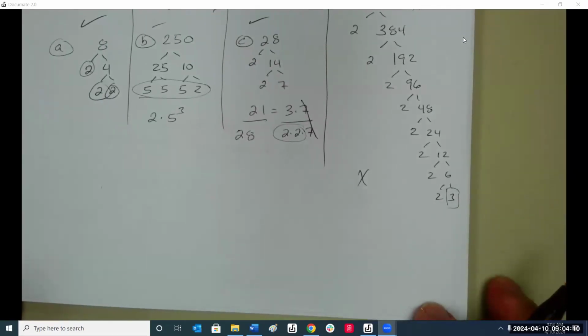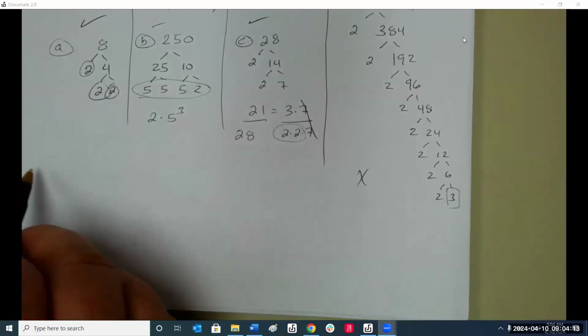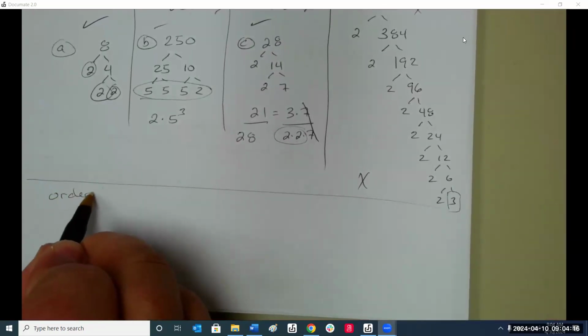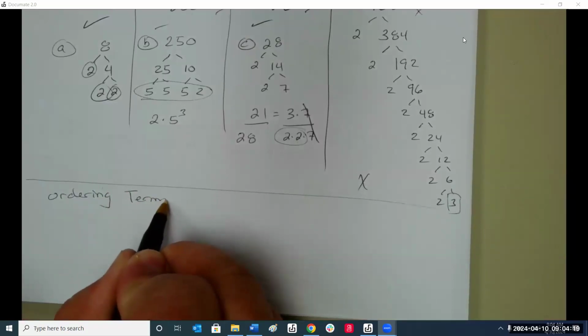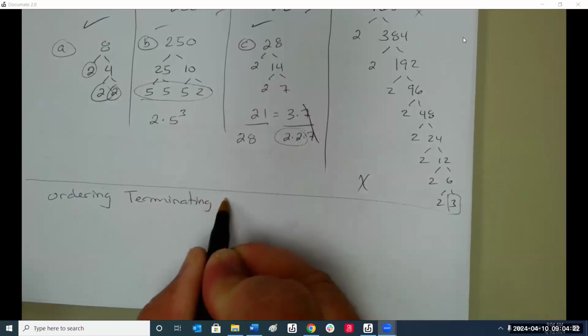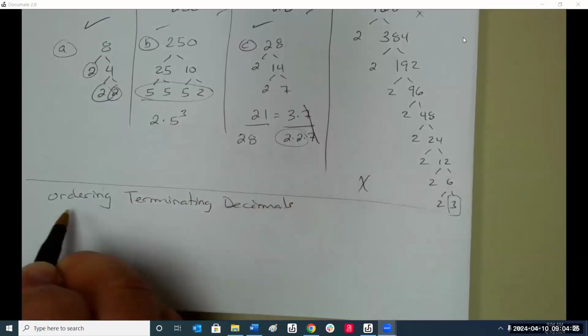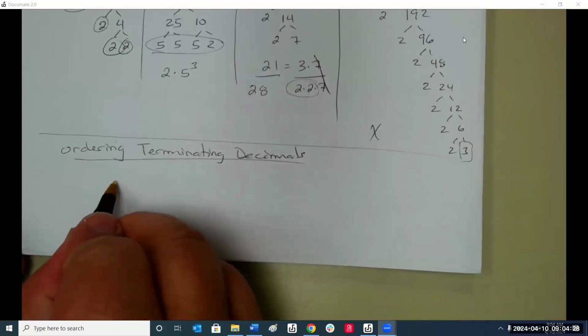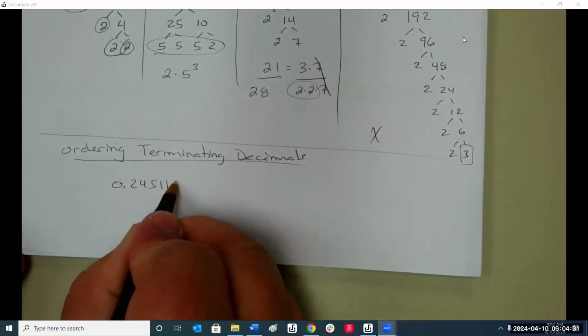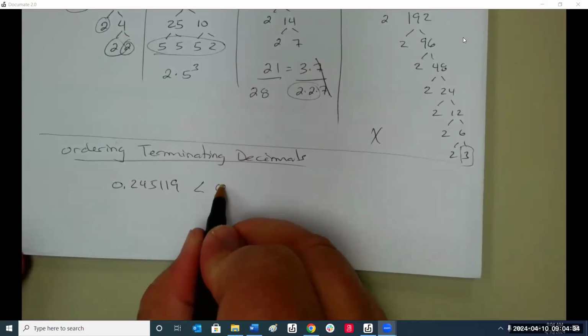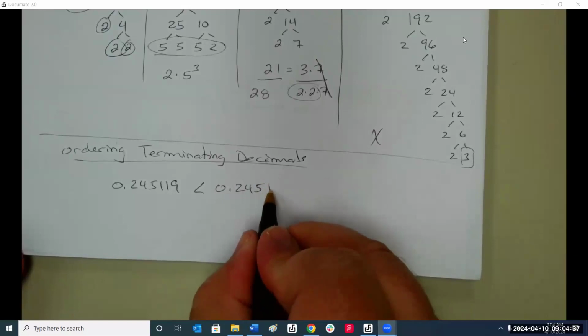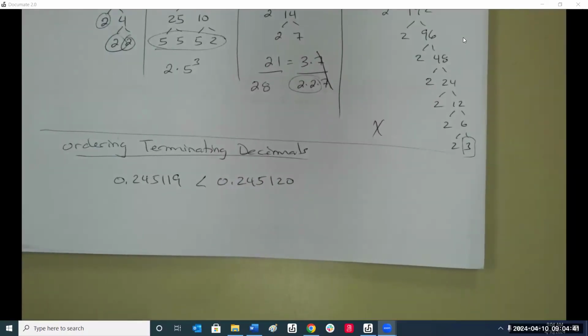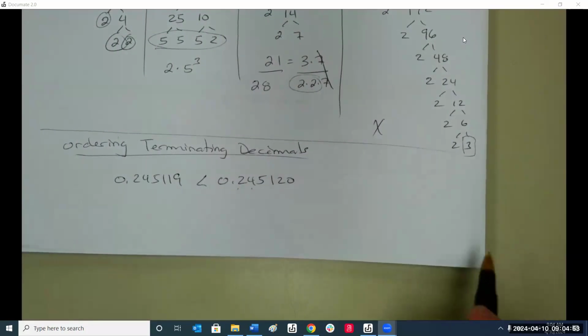How would you order terminating decimals? When ordering terminating decimals, you have to look at each position individually.